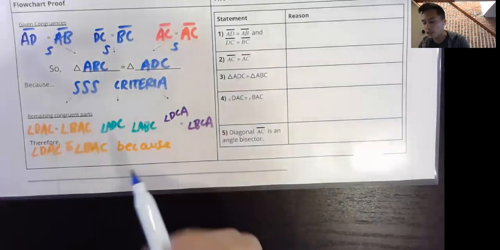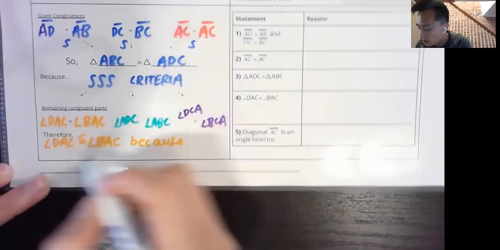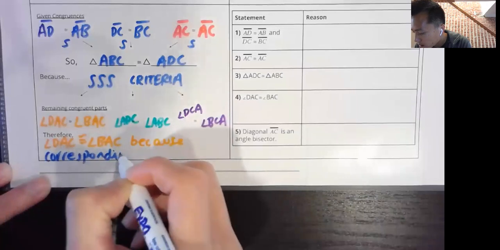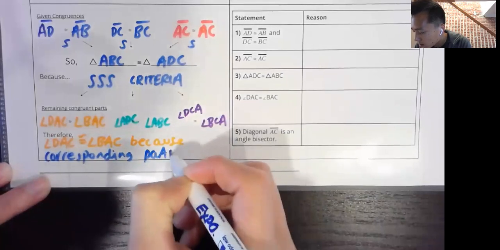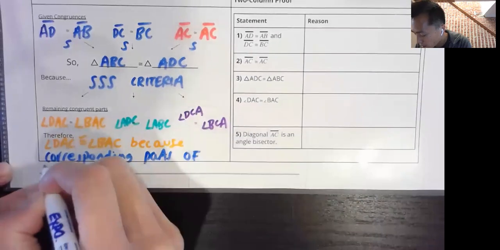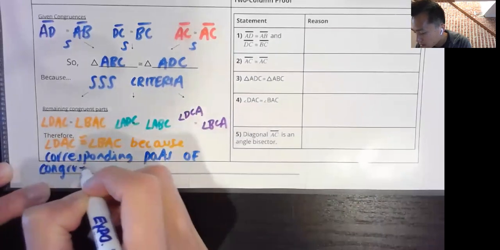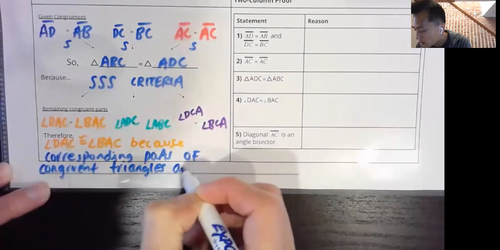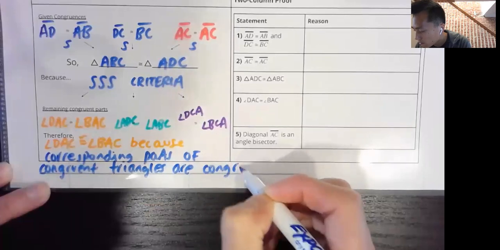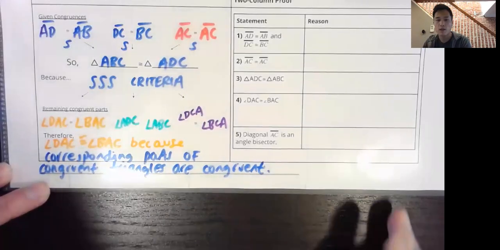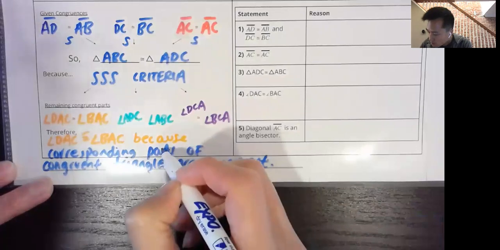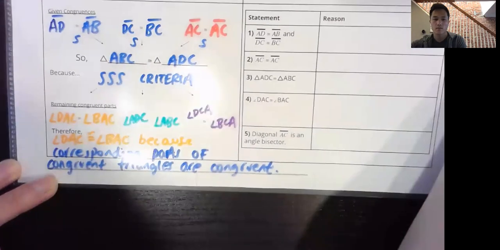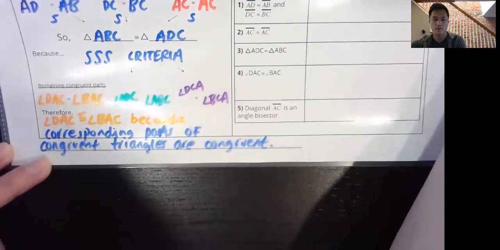And the math way of saying that is because the corresponding parts of congruent triangles are congruent. Sorry for the glare. That's a little better.